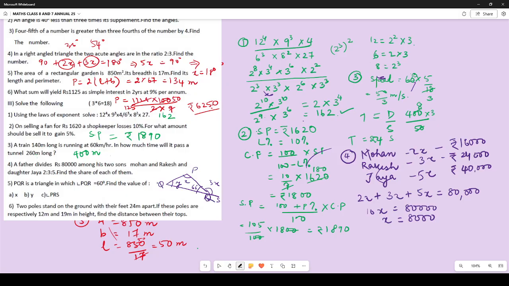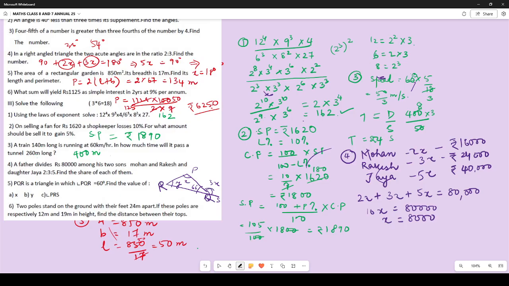This will be Q, this will be R. PQR is 60 degrees. This is 60 degrees. This is Y, this is X, this is Y.